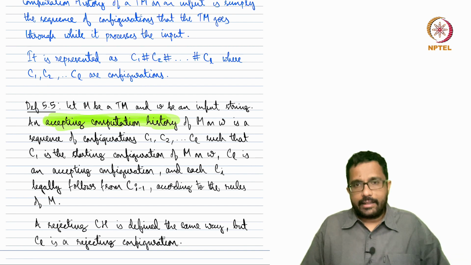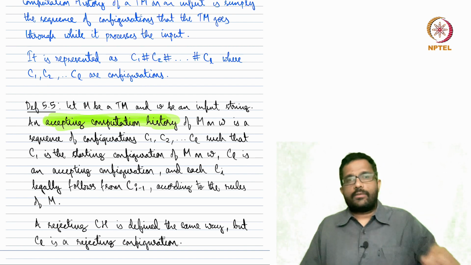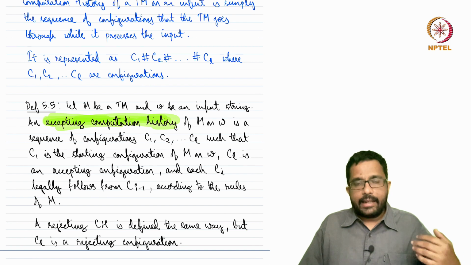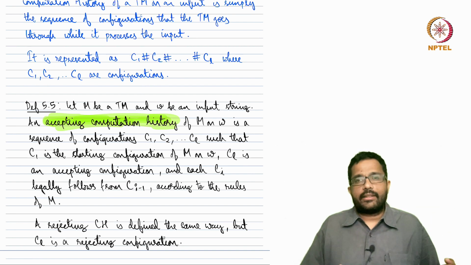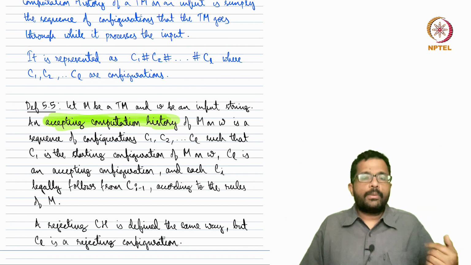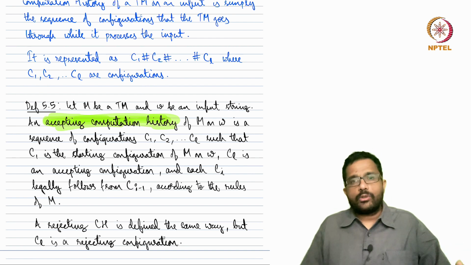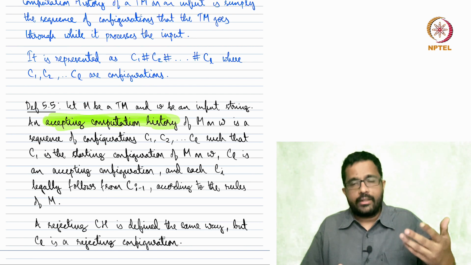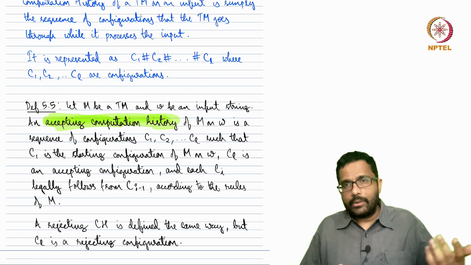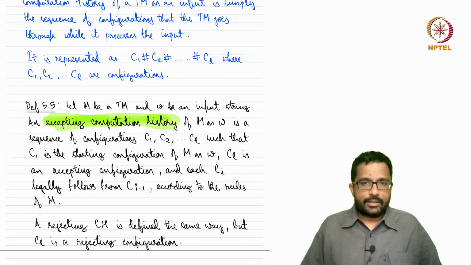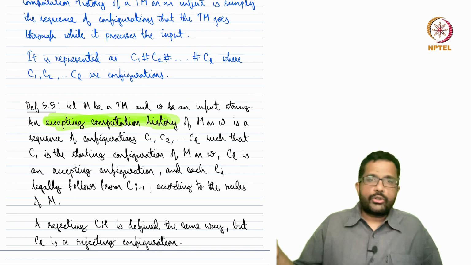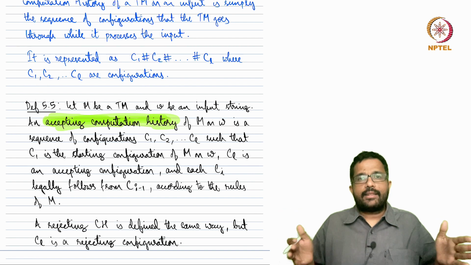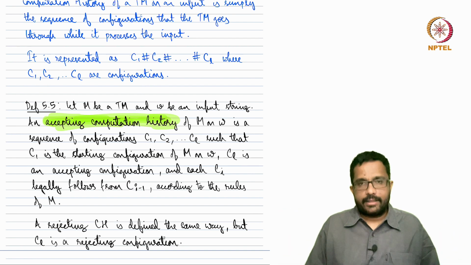Only then it gets accepted. Everything else must be a valid successor of the previous configuration: C2 should be a valid successor of C1, C3 a valid successor of C2, and so on till CL should be a valid successor of CL minus 1. So all the moves should be valid moves. Such a sequence of configurations is called an accepting computation history.